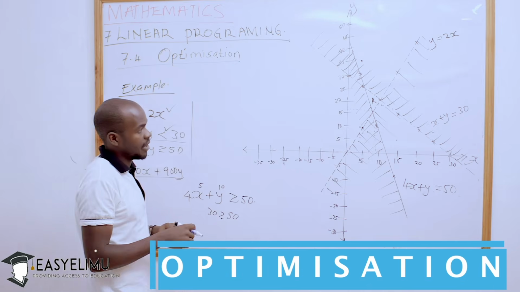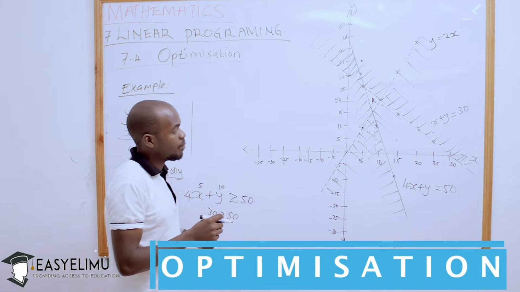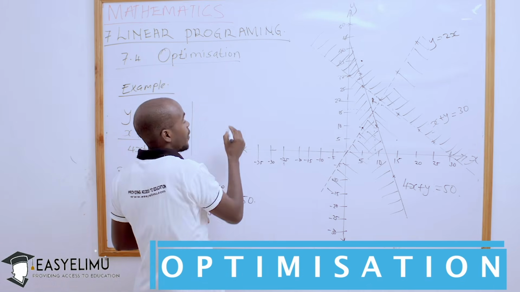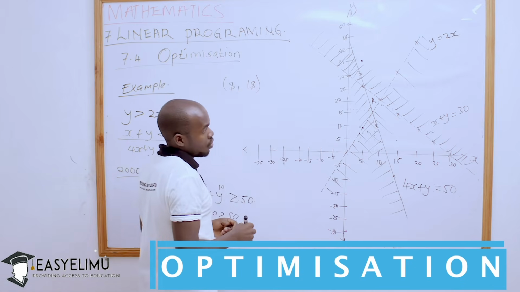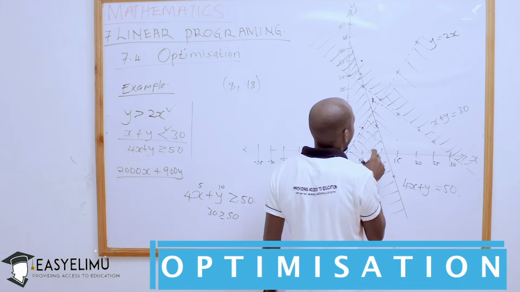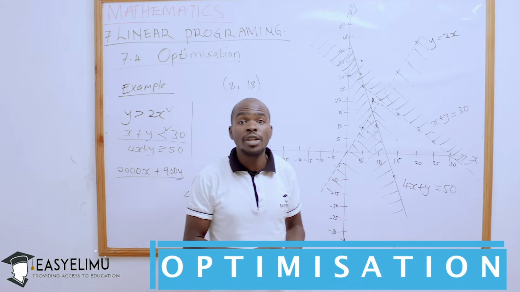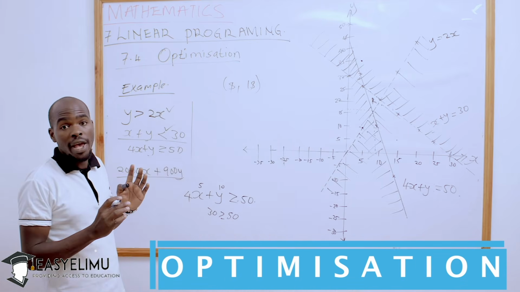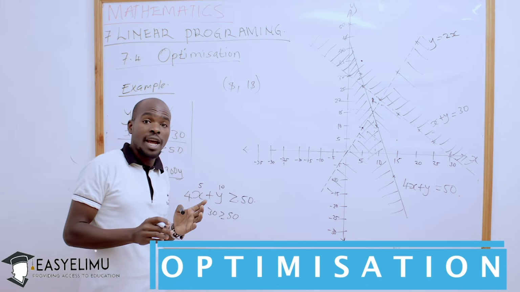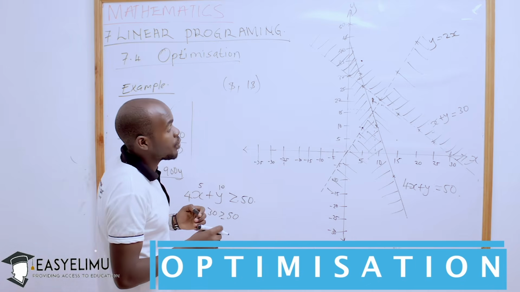Let's say it's 18, the least point we have. So we may find it is 8 and 18. We may find another point like 8 and something else. So it depends on the point you find from your Cartesian plane after drawing the inequalities. Draw it and you see what kind of points we will find.